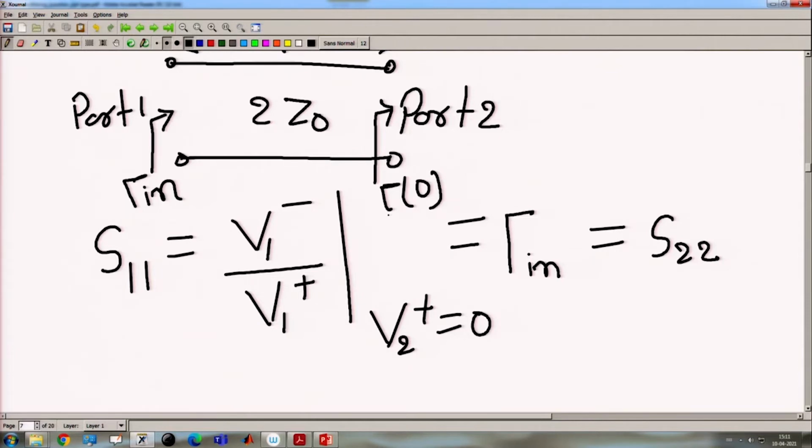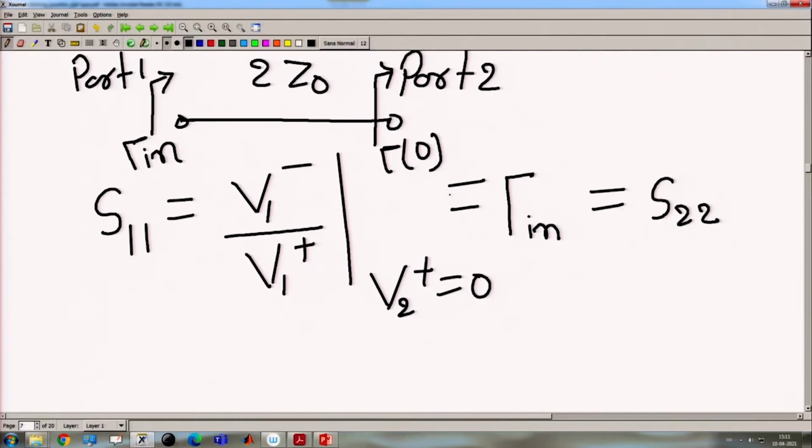So gamma in equals S11. For gamma 0 we calculate with V2 plus equal to 0, that means there is no reflected wave coming from the load, that is Z naught. If it is terminated with Z naught, there will be no reflection from the port 2 load side, so V2 plus will equal 0.